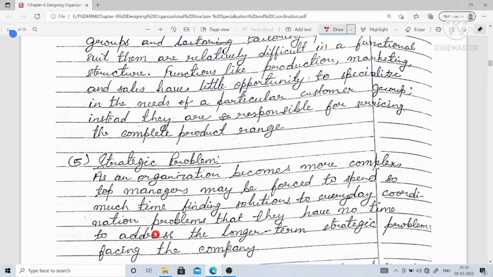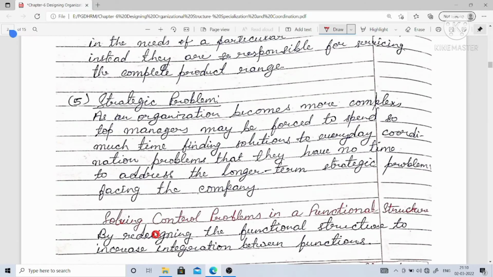Fifth, given are strategic problems. As an organization becomes more complex, top managers may be forced to spend so much time finding solutions to everyday coordination problems that they have no time to address the longer term strategic problems facing the company. Strategic problem means thinking about the company's long term goals.